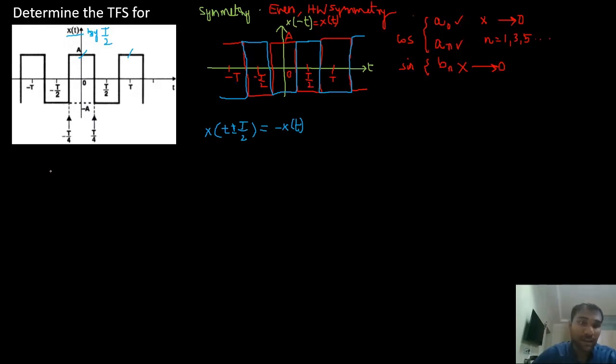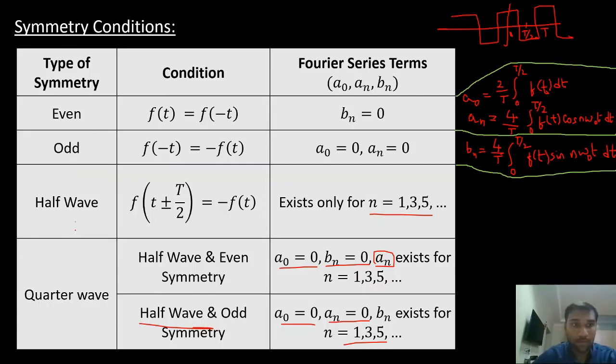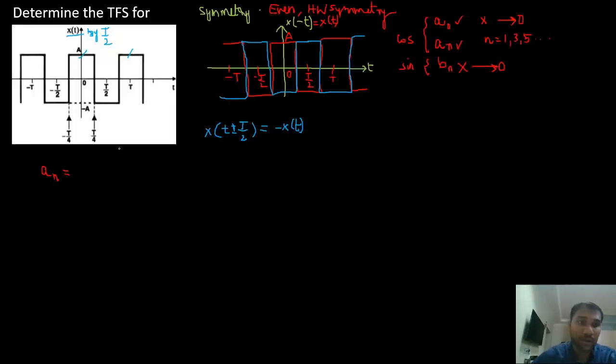So we'll find An. What is the formula for An? The formula for An for even signals is 4 by T integral 0 to T by 2 f of t cos n omega naught t dt.